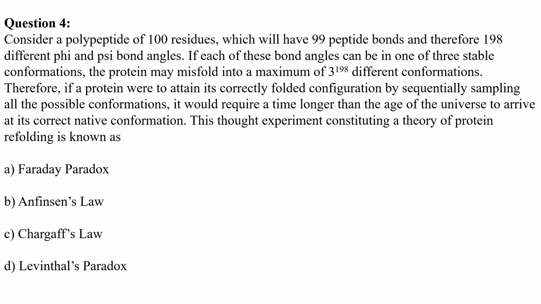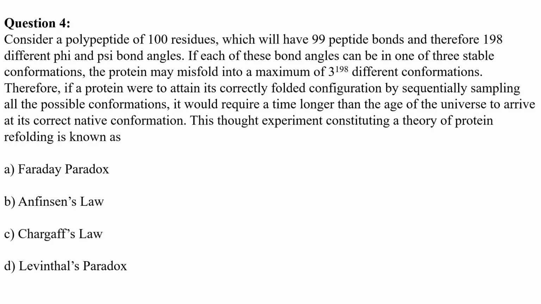So basically, if I have a protein of 100 residues, a 100 residue protein will have 99 peptide bonds. And let's say each bond angle can have 3 different conformations.